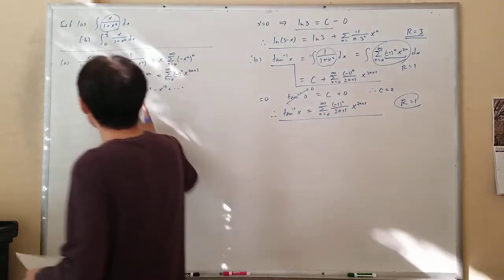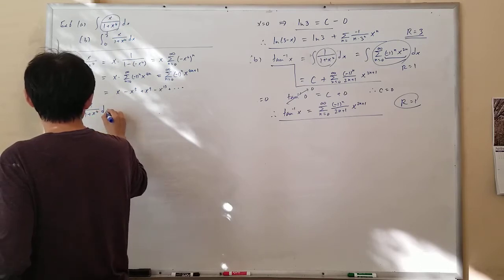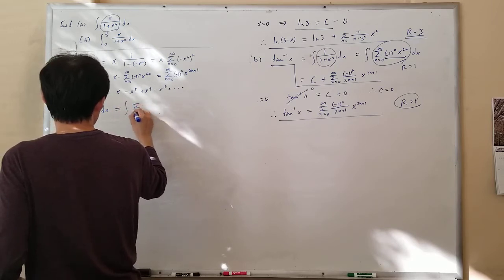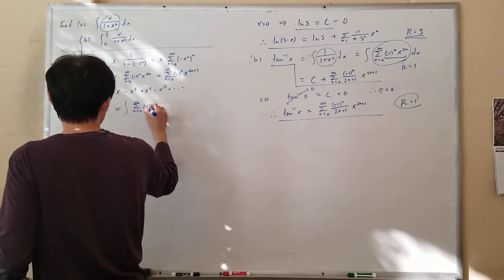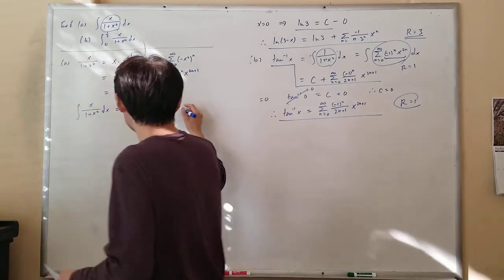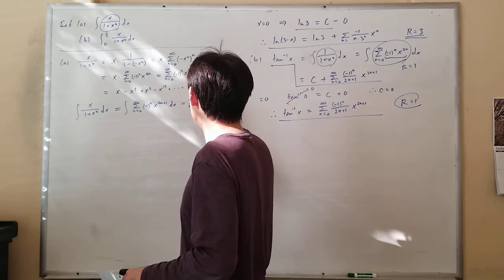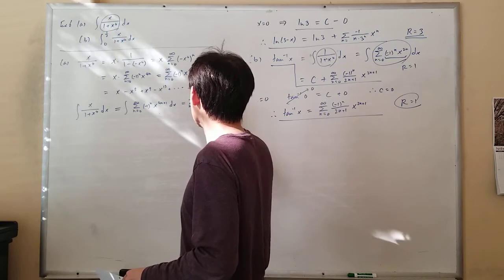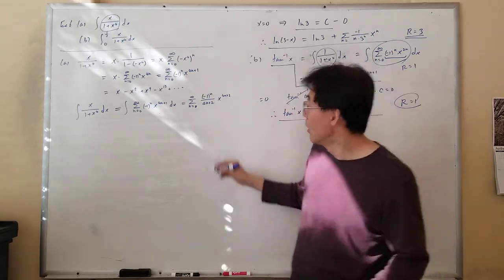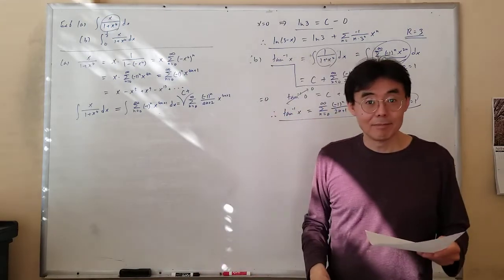Now, the antiderivative, the indefinite integral of this one, has a power series which can be obtained by doing term by term integration. That is 4n plus 2 here, minus 1 to the n, x to the 4n plus 2. Oh, I forgot the arbitrary constant c.